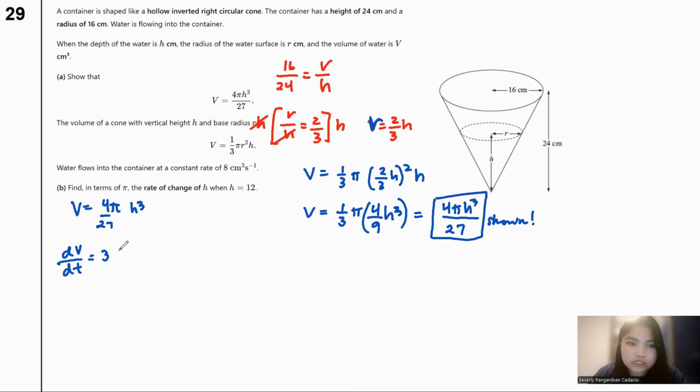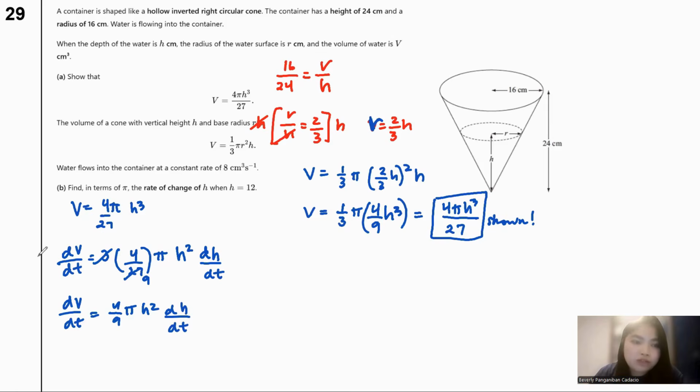Don't be confused, 3 times 4 over 27. Pi is just a constant number, so you don't need to change anything there. But your H will be now 3 minus 2, remember power rule. And the derivative in terms of t will be dh over dt. Okay? Then this one I can cancel. This one becomes 9. And that's it. dV over dt is equal to 4 over 9 pi H squared dh over dt.